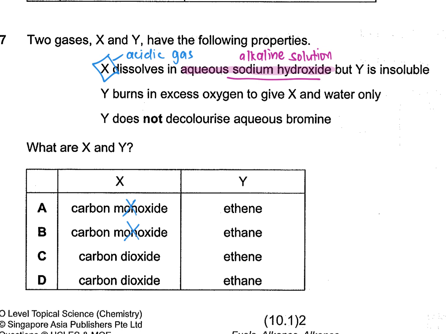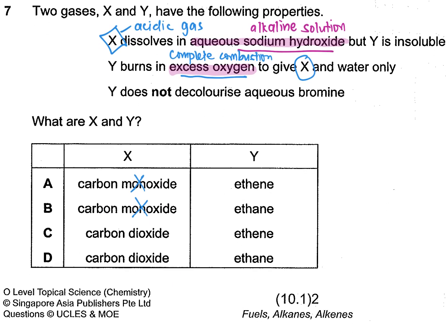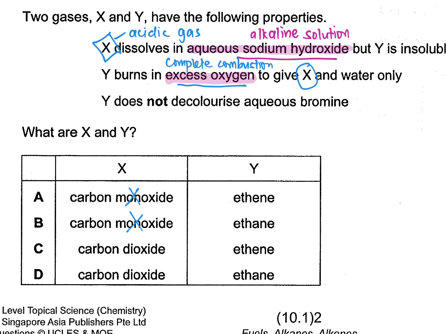The only thing it tells you is that your Y burns in excess oxygen. So the moment you burn in excess oxygen, what type of reaction is this? Complete combustion. So with complete combustion, your products will always be carbon dioxide and steam. And that ascertains that your X is definitely carbon dioxide. What's the side product for incomplete combustion? Steam and carbon monoxide. Then the next one is a very important clue. Your Y does not decolorize aqueous bromine. So what type of substance are you looking at?